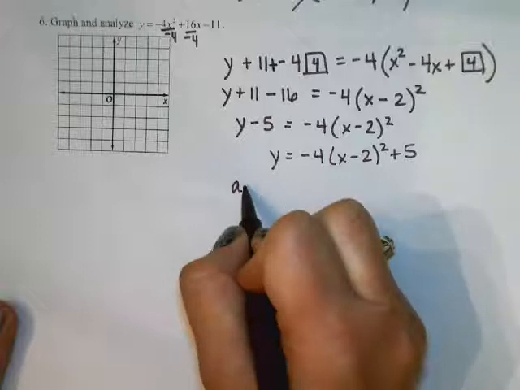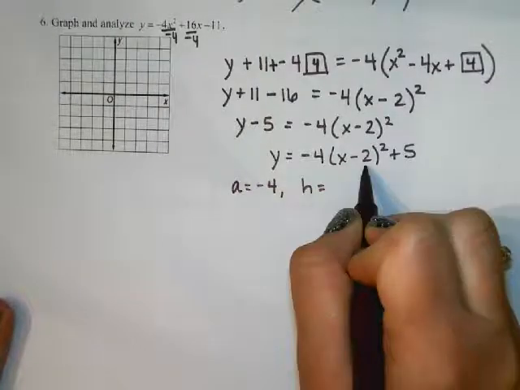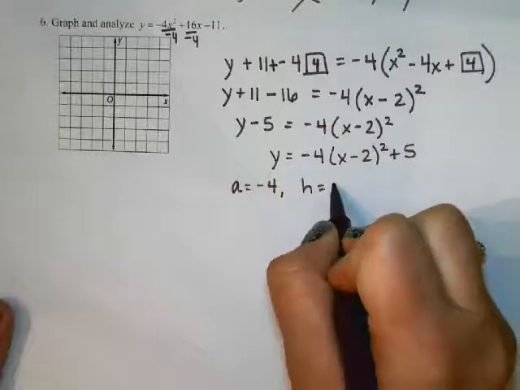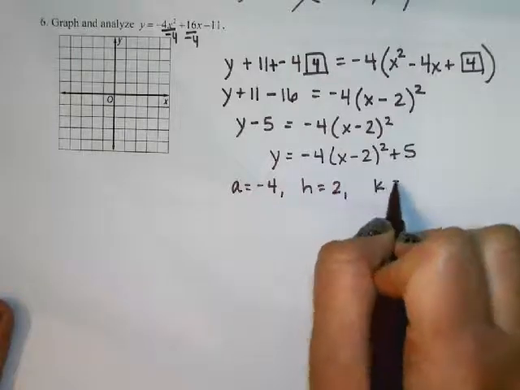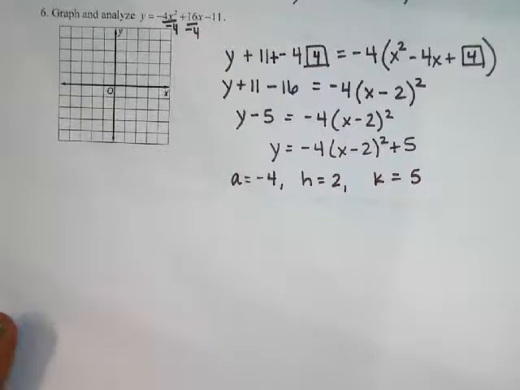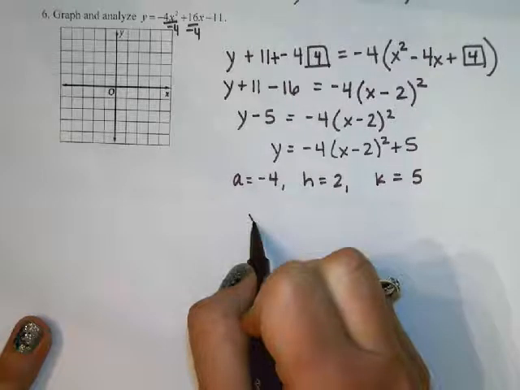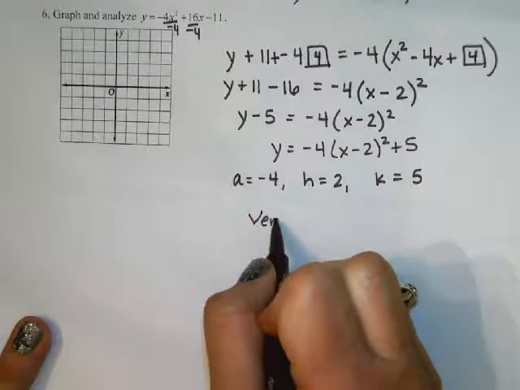So my a is -4. My h, flip the sign, is +2. And my k, keep the sign, is 5. So where's my vertex?